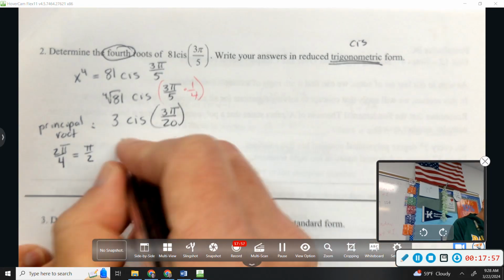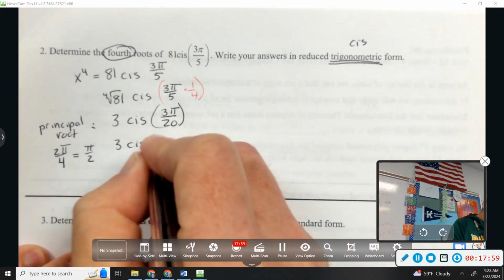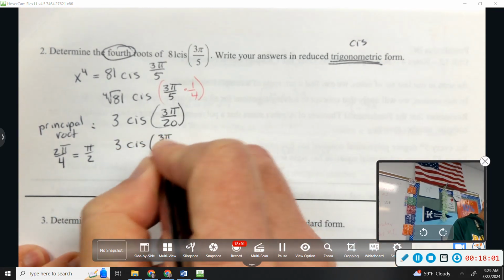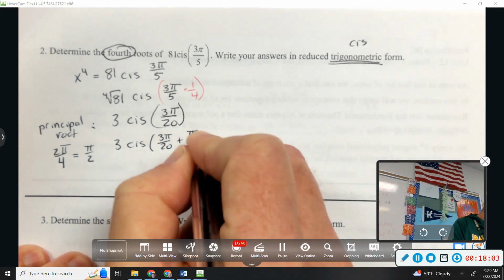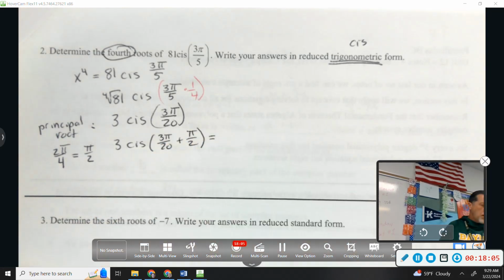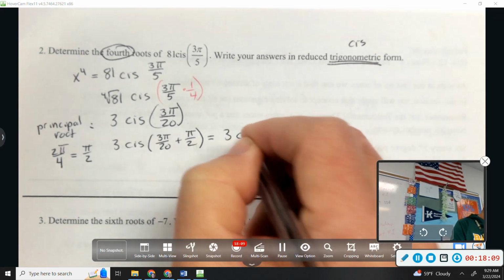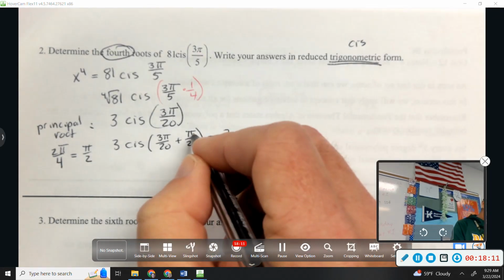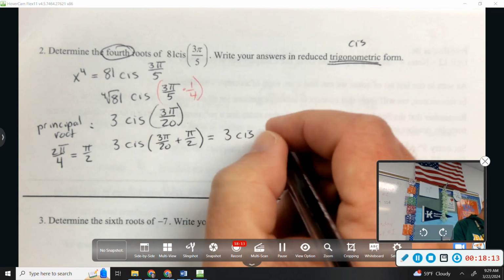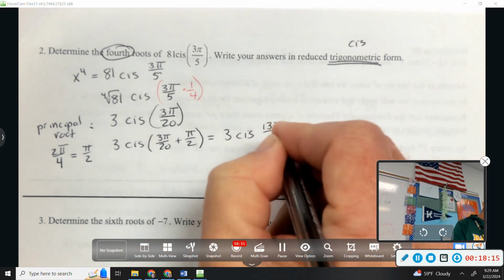Let's see, 3 cis 3 pi over 20 plus pi over 2. That would be 10 over 20 and 3 over 20 would be 13 over 20.